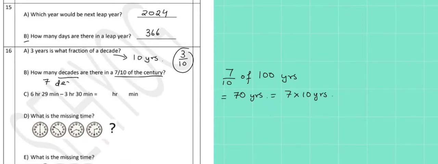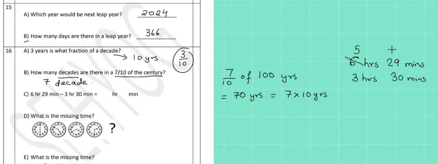Now subtracting in 16 part C, 6 hours 29 minutes minus 3 hours 30 minutes. So we first take them in column, 6 hours and 29 minutes, and subtracting 3 hours and 30 minutes. So we can see the number of minutes above is lesser.